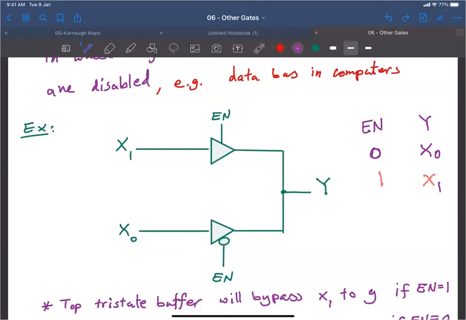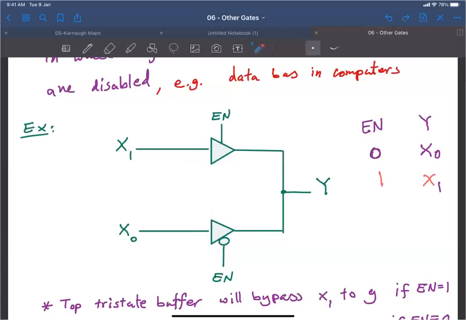So now when enable is 1, I have a connection at this tri-state buffer. And for this buffer here, do I have a connection or a disconnection when enable is 1? Disconnection. So this one here is disabled, basically. The only connection that I have is x1, so Y will get x1.